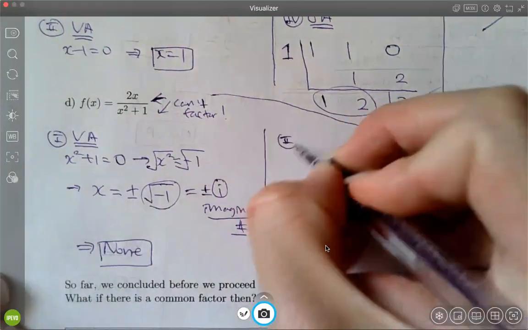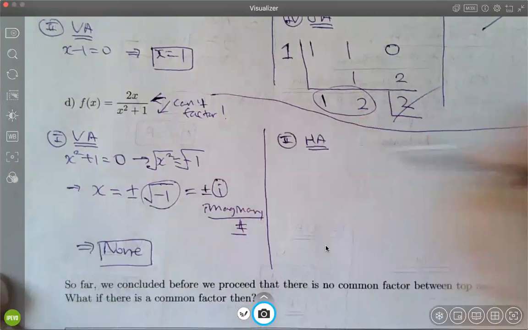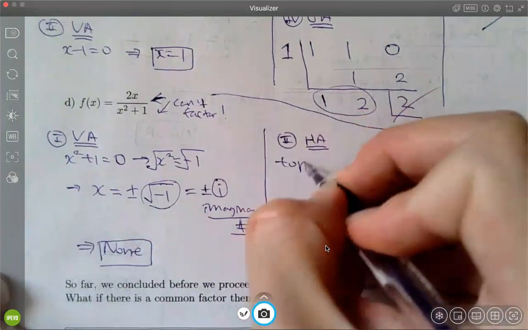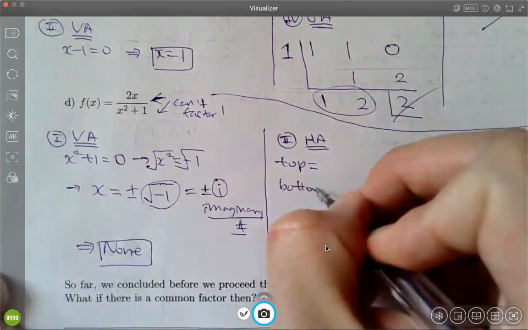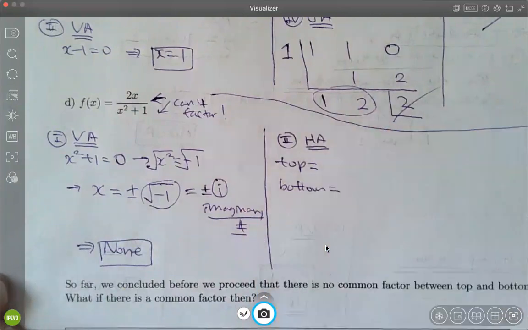And now, horizontal. Okay, so now what is the top degree? And what is the bottom degree? 1 and 2, yes.